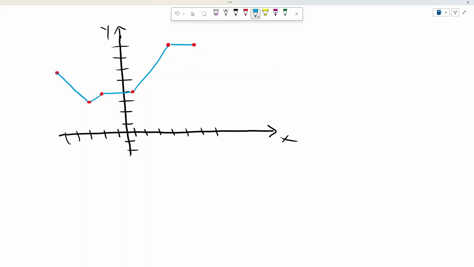All right, so we're going to have an endpoint on the left side, and then on the right side, that's going to be an arrow.